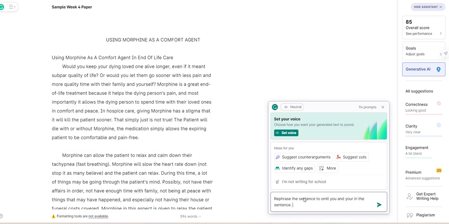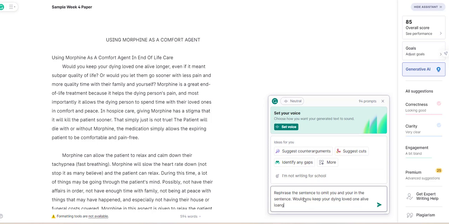Then you click in what that sentence is: Would you keep your dying loved one alive longer even if it meant a subpar quality of life? Or something like that, okay? And here, did I misspell "longer"? Oh boy. Okay, so I would put in "longer." Yeah, even if it meant a subpar.